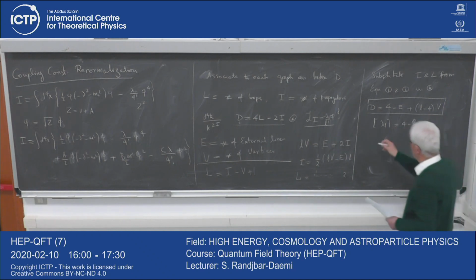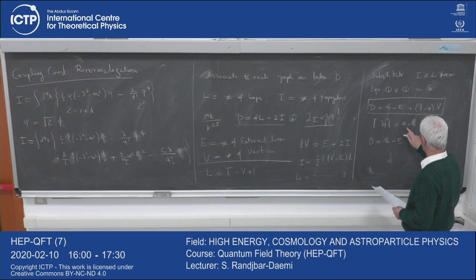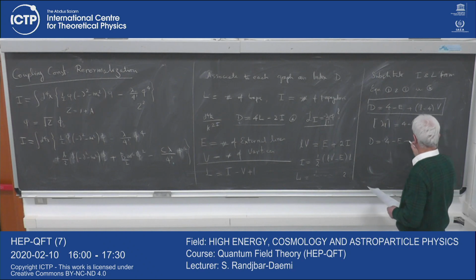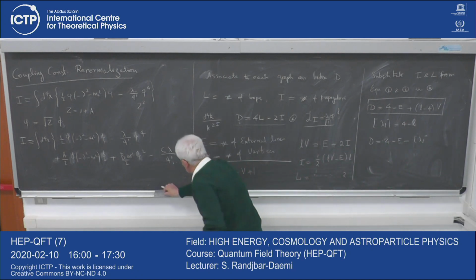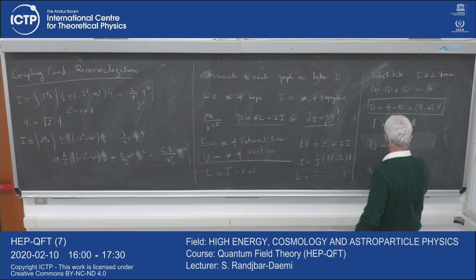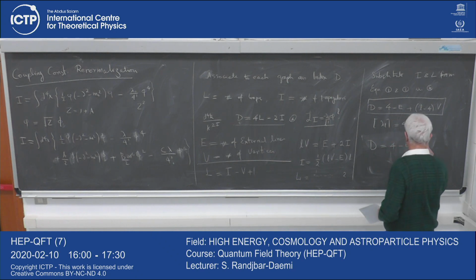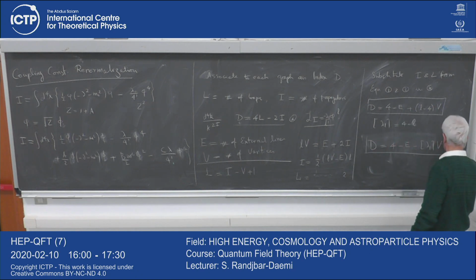So therefore, we write this relation using that there is a minus sign difference between the two. This becomes the dimension of lambda L. So D becomes 4 minus E minus dimension of lambda L times V. This is the basic relation.